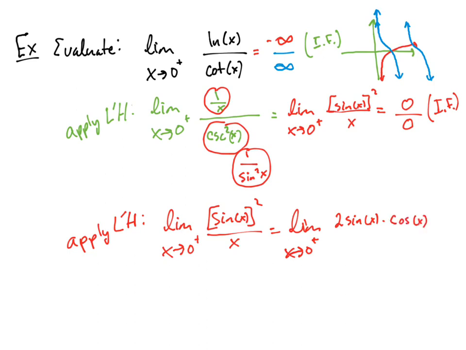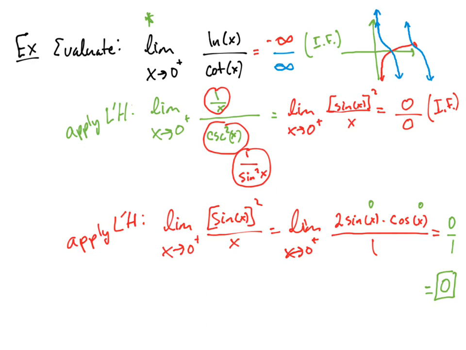And in the denominator, the derivative of x is 1. Now using direct substitution, I'm going to plug in a 0 here and a 0 here. Sine of 0 is 0, so that whole numerator is going to be 0. The denominator is 1. 0 over 1 is not an indeterminate form. It's just equal to 0. So this original limit is equal to 0.